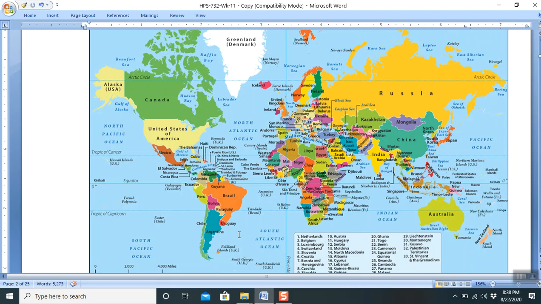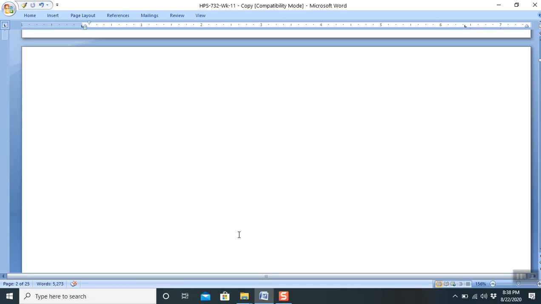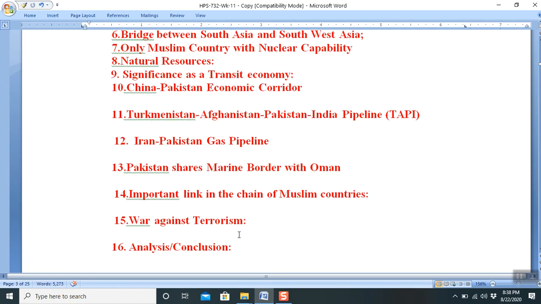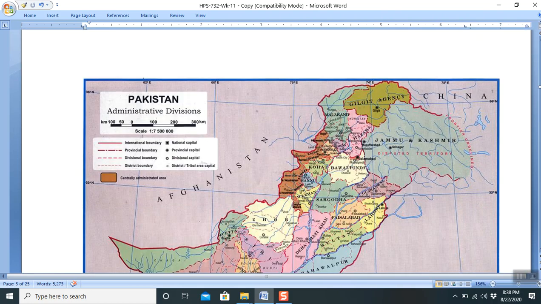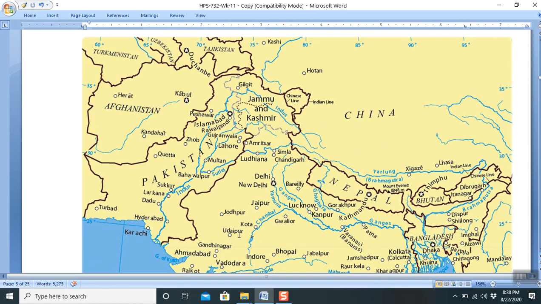Well, dear students, we have covered some of the neighboring continents and others. Now I would share the location of Pakistan and its importance. This is the map of South Asia, and here we see that Pakistan is situated in South Asia.